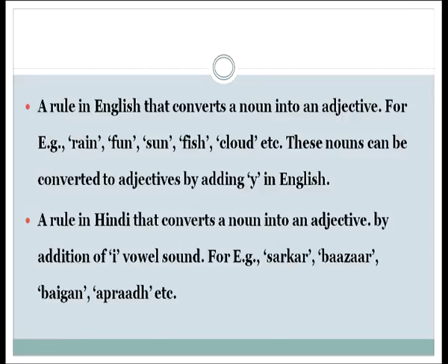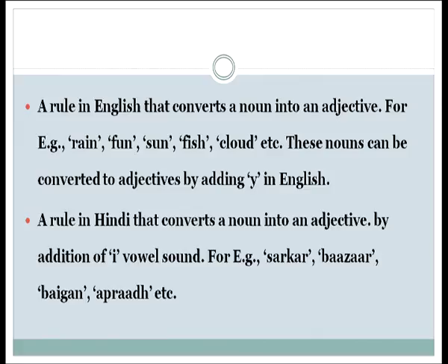When we talk about rain, fun, sun, fish and cloud, if we add Y to it, it becomes an adjective: rainy, funny, sunny, fishy, cloudy, etc. So this is a rule of converting a noun into an adjective.